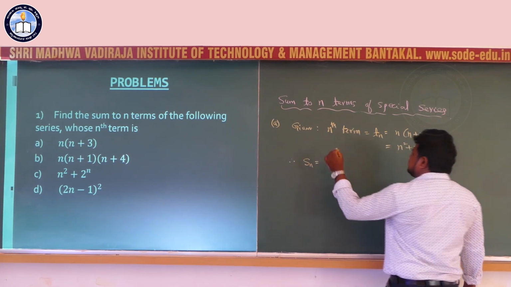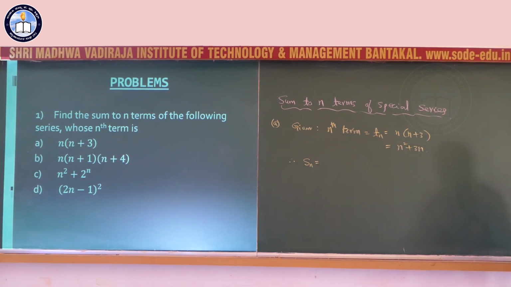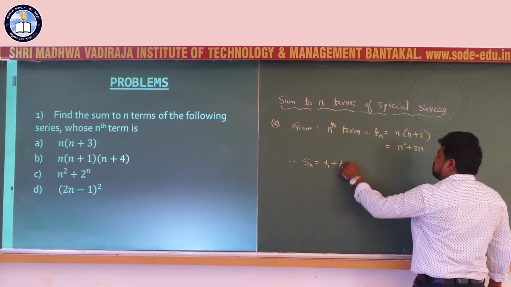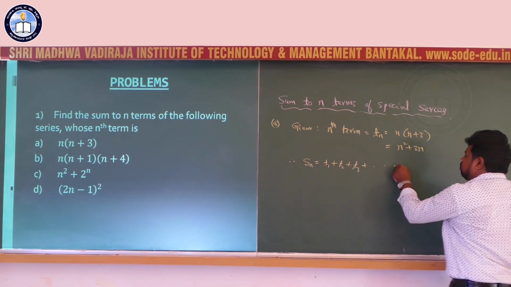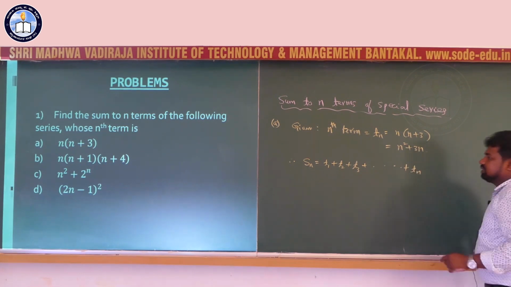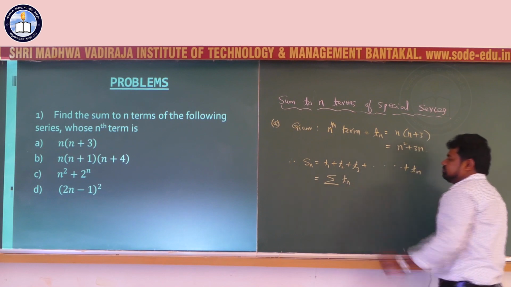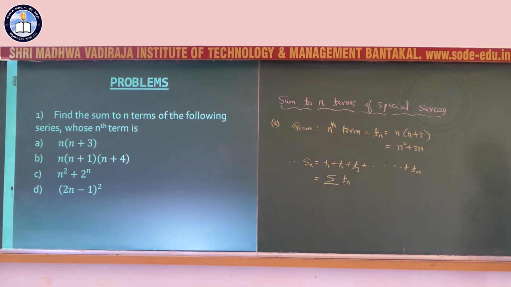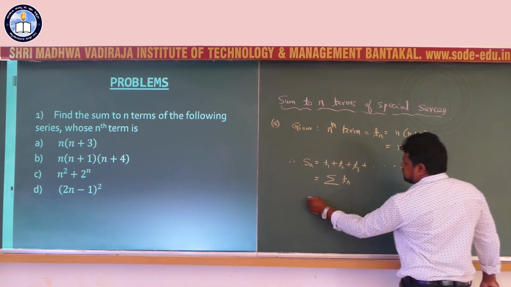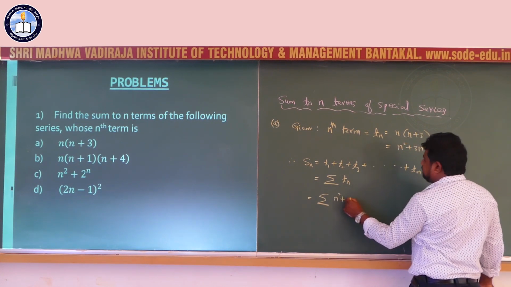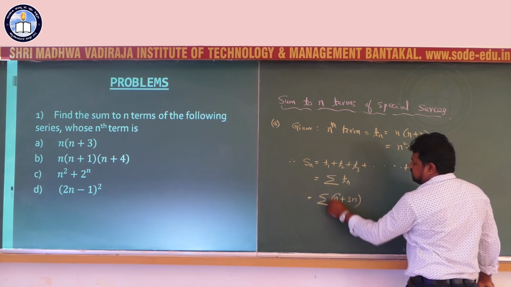Sn is equal to T1 plus T2 plus T3 up to nth term. That can be written as summation Tn, that is equal to summation of nth term, here n square plus 3n.